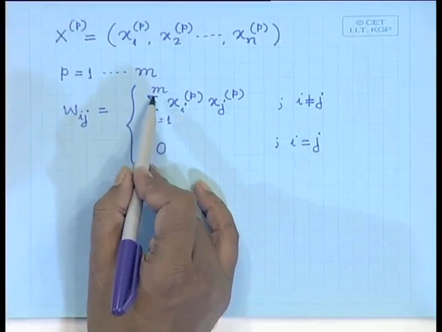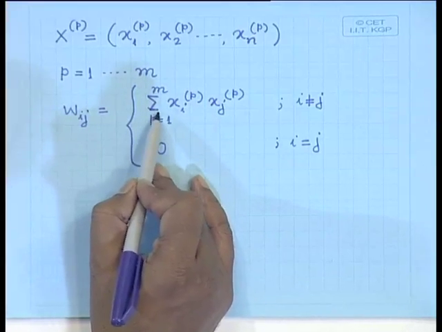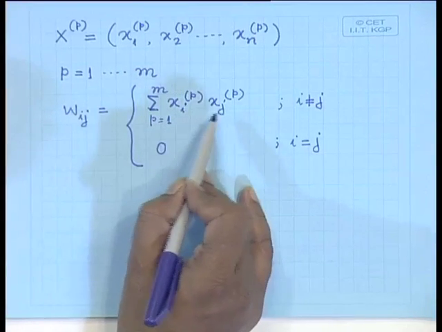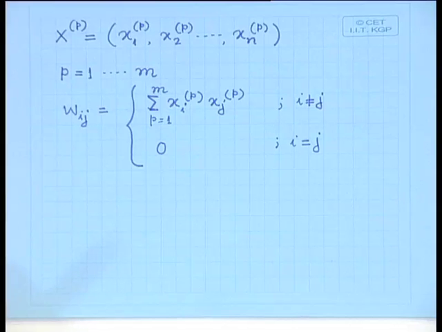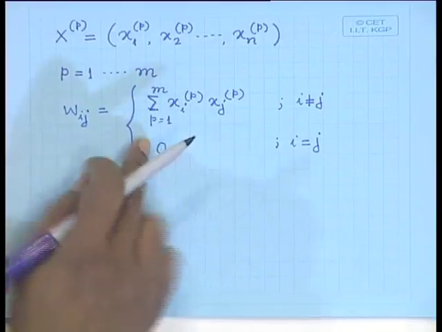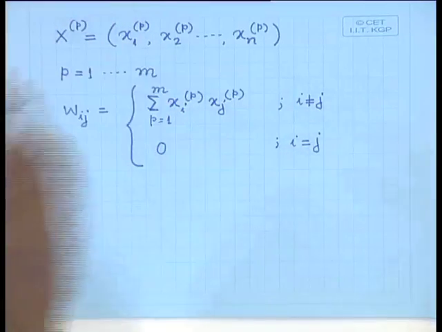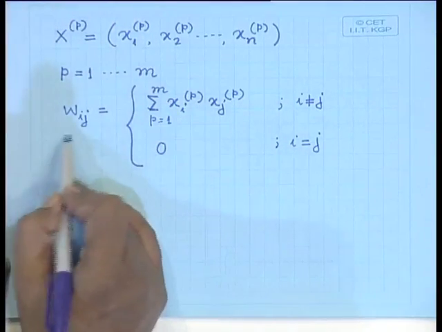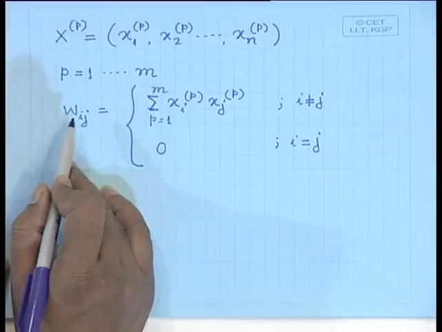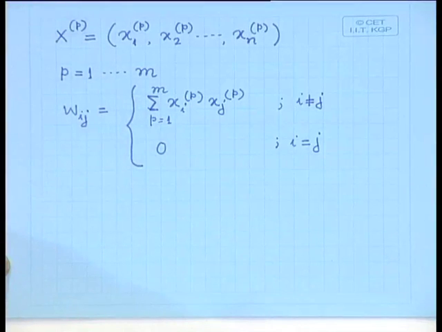So, overall this summation of xip into xjp simply tells you the number of times the bits are the same minus the number of times the bits are different. That is computed over all the training patterns, from p equal to 1 to m, and that is stored as Wij, the connection weight between the ith node and the jth node.